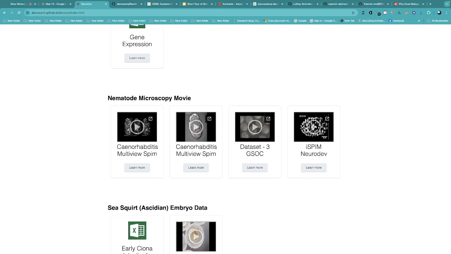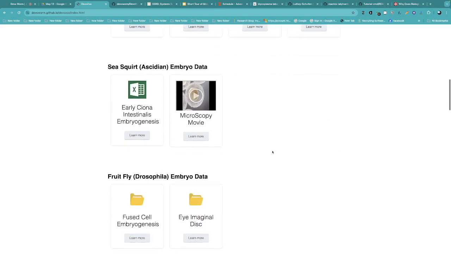There are also some other data sets that are a little bit less good in terms of resolution, but they offer good training sets for you to use, so you can look at the time series of the embryo. We also have data from C-squirt, or ascidians. This is early Ciona intestinalis embryogenesis.